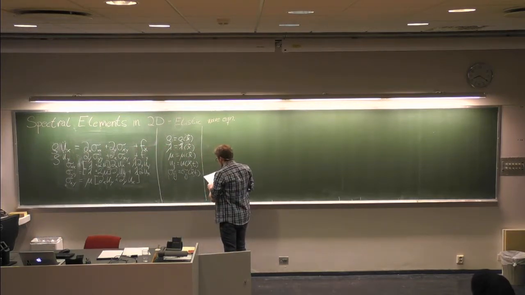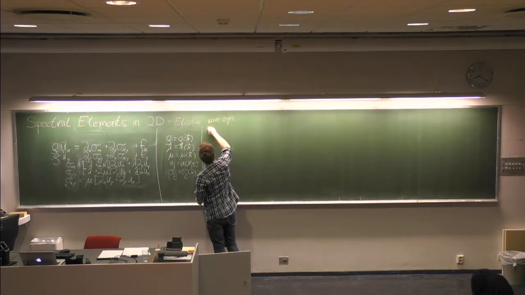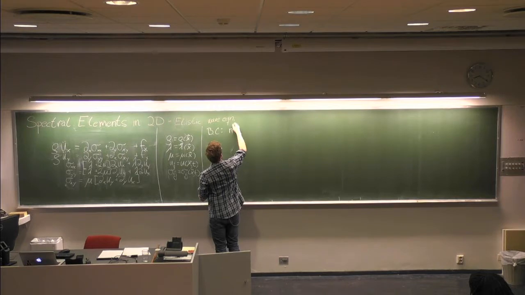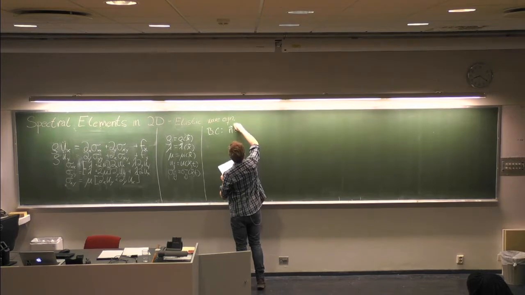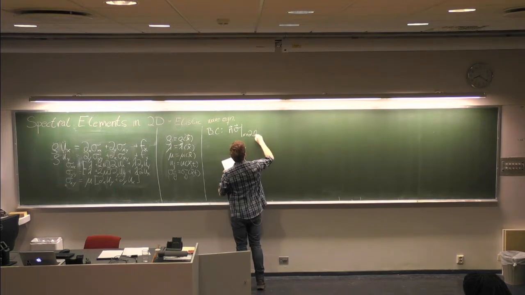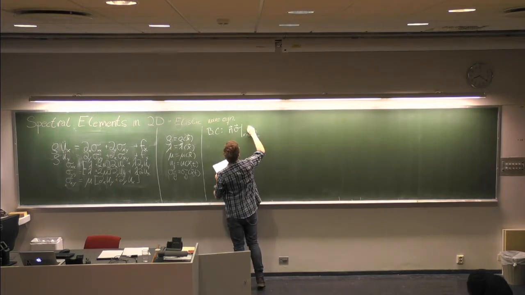And then we have the boundary conditions, which is the normal n times sigma, so there's nothing escaping the area, big sigma, which is 0.